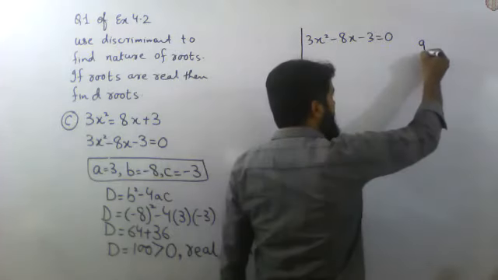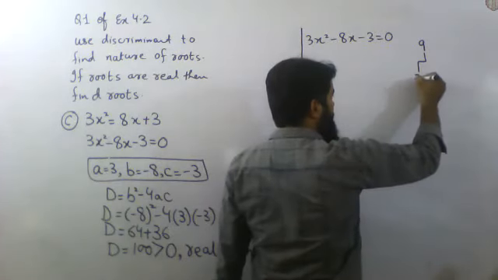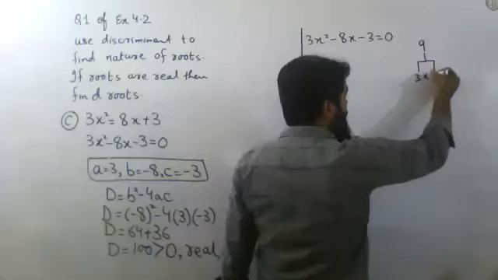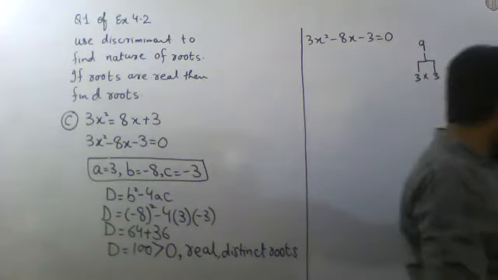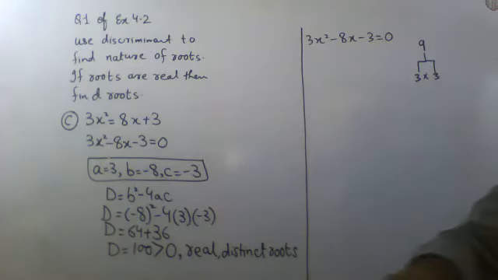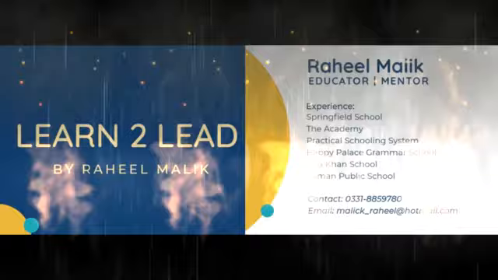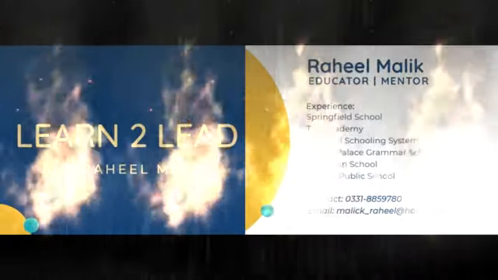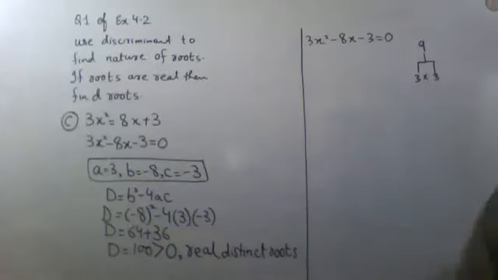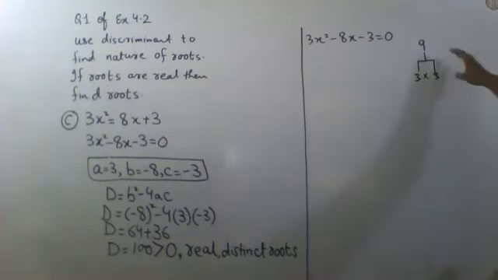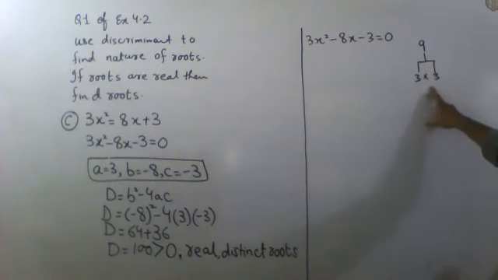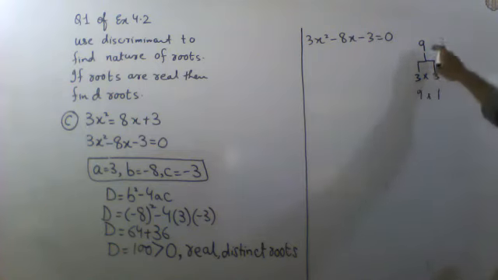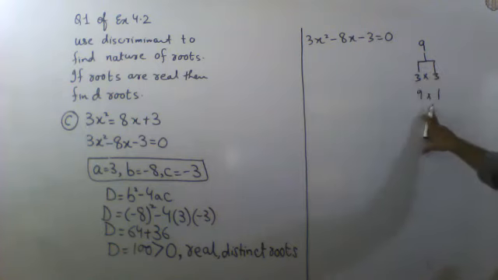First I can have 3 into 3, or 9 into 1. Either this can be a factor or this can be a factor.